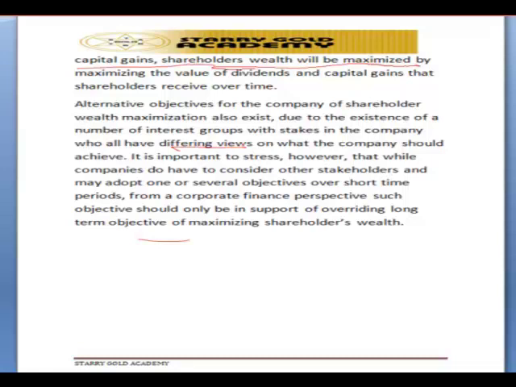Because if you spend a lot of resources trying to please the public, the shareholders who are the true owners of the company may not have enough dividend to play with at the end of the year, or to possess at the end of the year. So those two objectives are somehow conflicting.